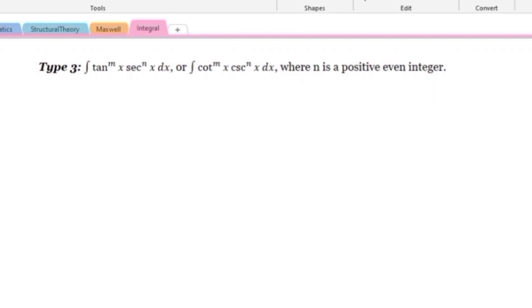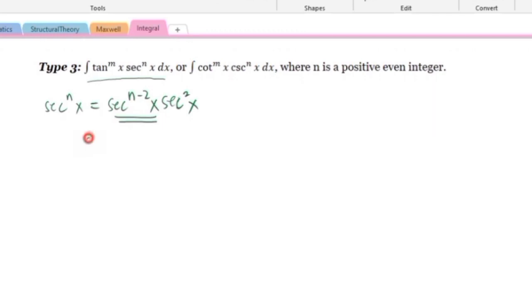So we start with tangent and secant first. We let secant to the n x be equal to secant to the n minus 2 x times secant squared x. Then after this, we express this part in terms of tangent squared.